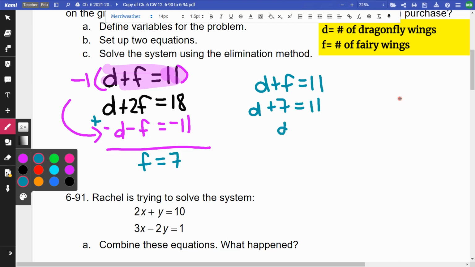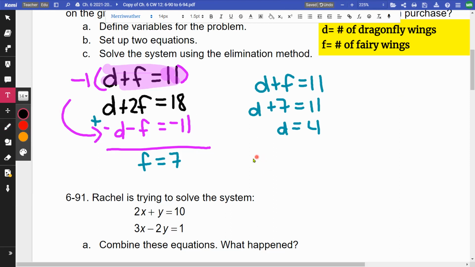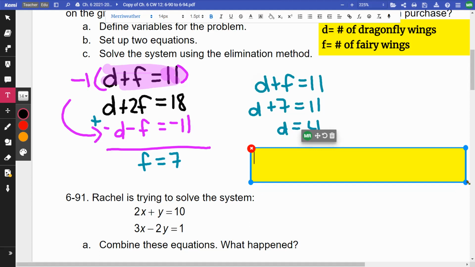11? Well, 4. Now, when this is a word problem, they are going to ask us to write our answer in a sentence. So if I was going to write this in a sentence, they want it in a complete sentence.